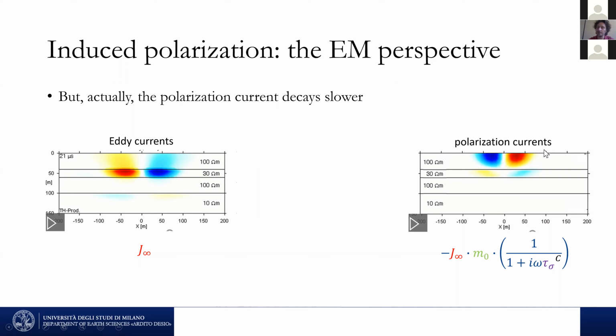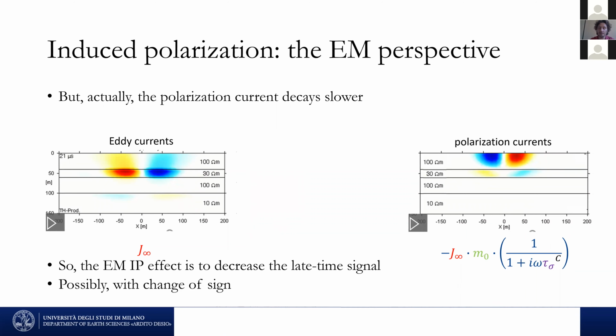So what does that mean? This means that together with the signal that we will receive due to the eddy currents, we will get a polarization signal that somehow cancels out the signal of the eddy current. And this effect is stronger for late times. And if the IP effect is strong enough, then we might also have a change of sign at late times.